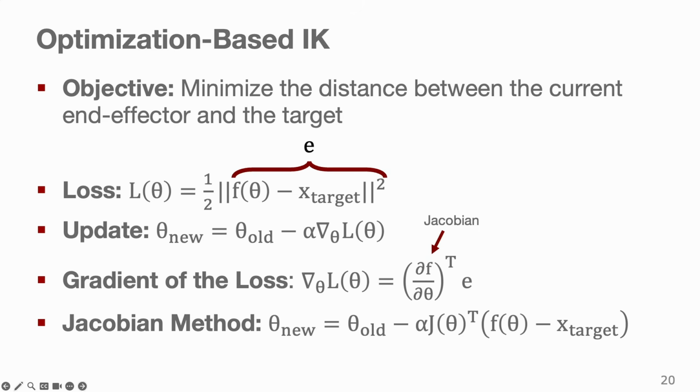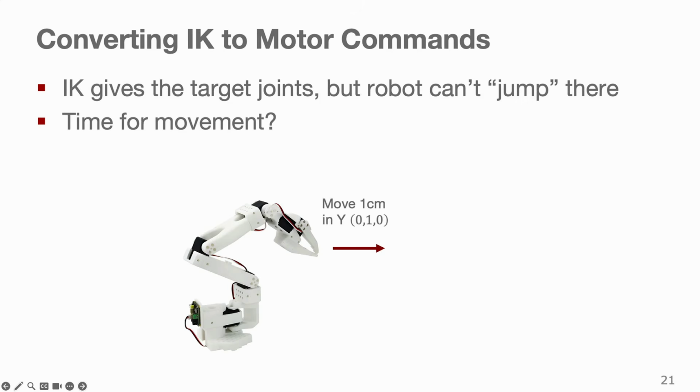Then for the update, we iteratively apply this Jacobian method that tells us how a tiny change in each joint angle affects the position of the end effector in the real world, and nudge the joints until the end effector reaches the target position.